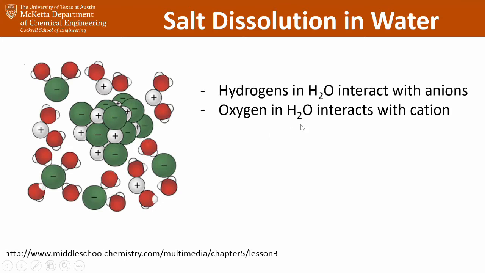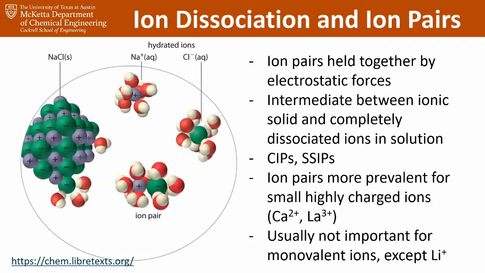The oxygen in the water interacts with the sodium cation and helps to dissolve those into water. So it causes a dissociation of the cations and anions. Of course, the ions are held together by electrostatic forces, but the solvation by the water, for instance, overcomes that.